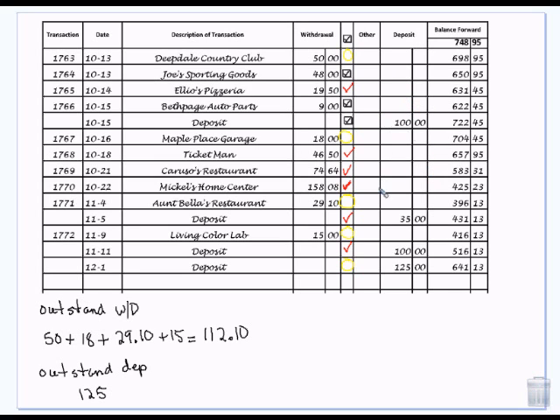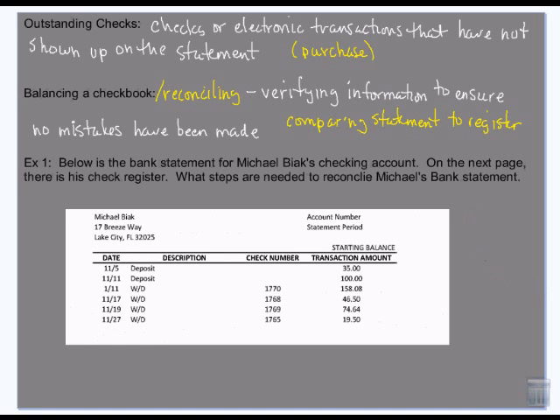Okay, my statement ending balance. If I go back here, the ending balance, I apparently didn't type it in there.